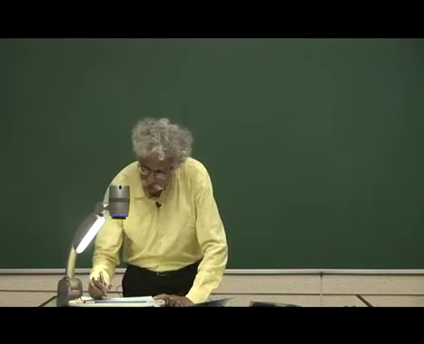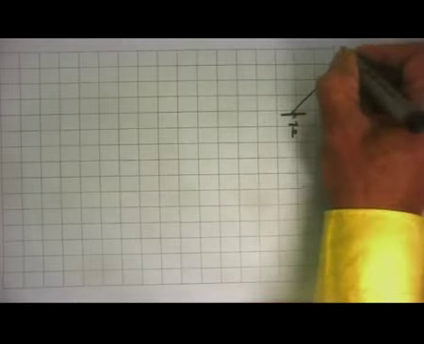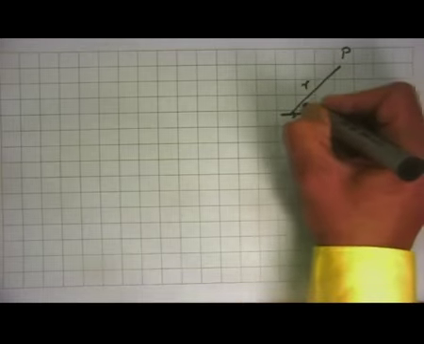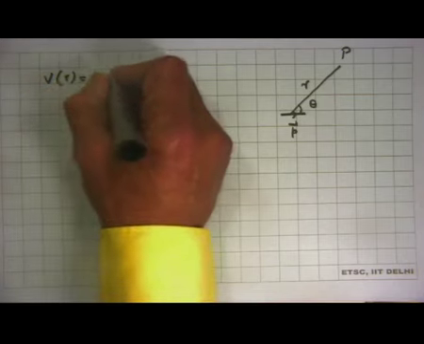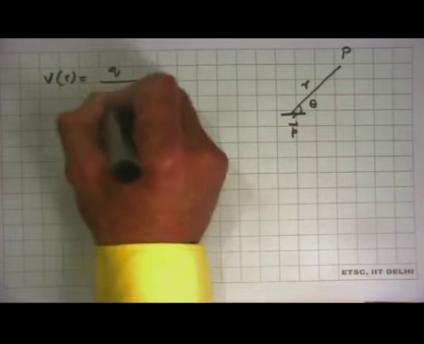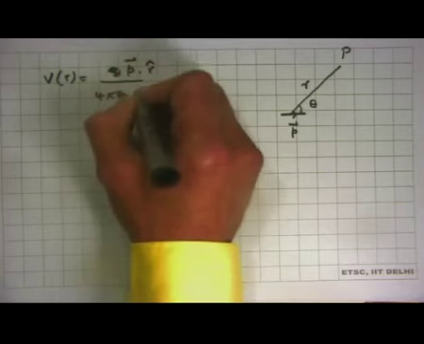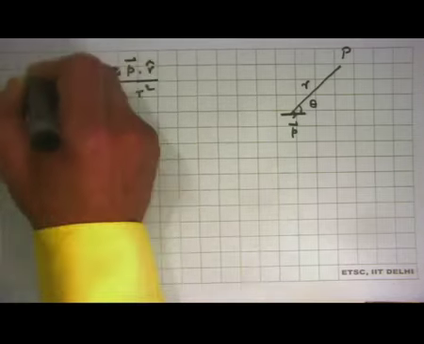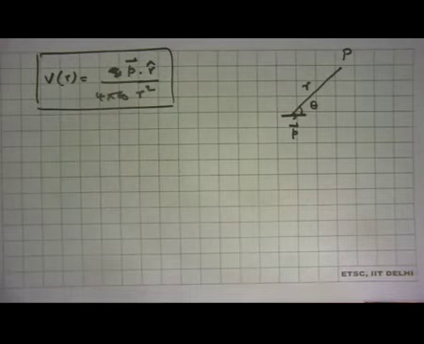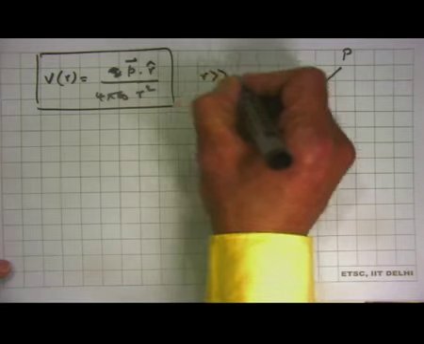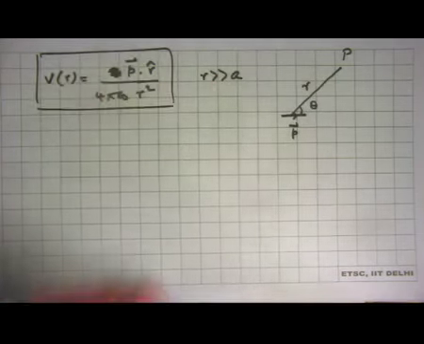If I had a dipole P, and I take a point P at a distance r from the dipole, and this angle is theta, then V at r is equal to P dot r cap by 4 pi epsilon 0 r square. And this is valid for r much greater than a, which is what we have assumed in deriving this equation.